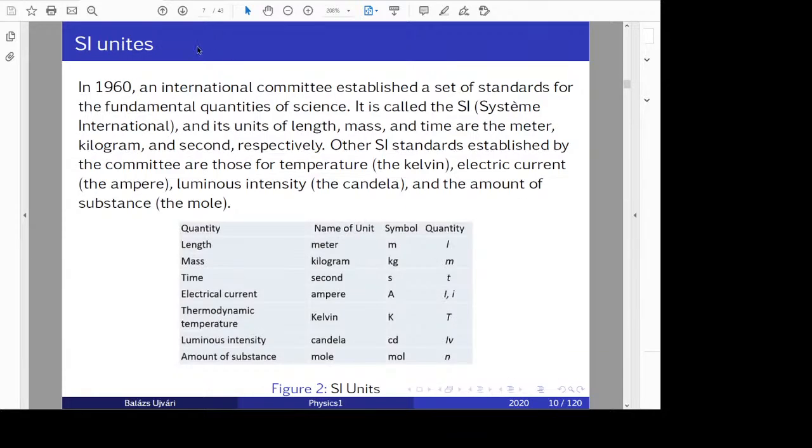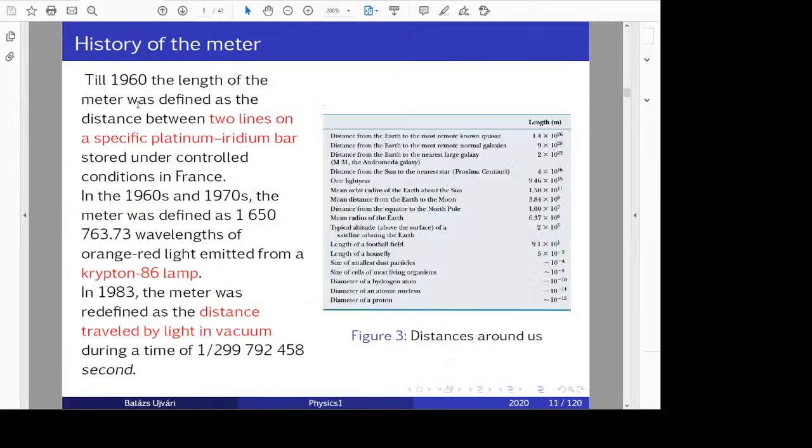Therefore, later, not that late, they said the platinum iridium is a very stable metal. They put this metal rod in an air-conditioned room, and they said this is the meter. If you want to, you can go there and copy it.